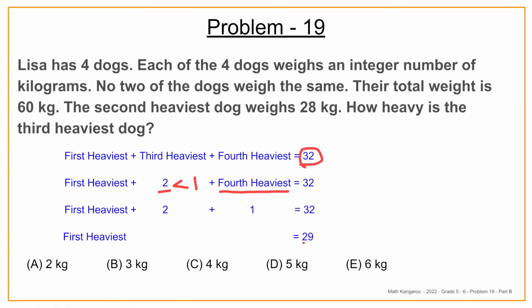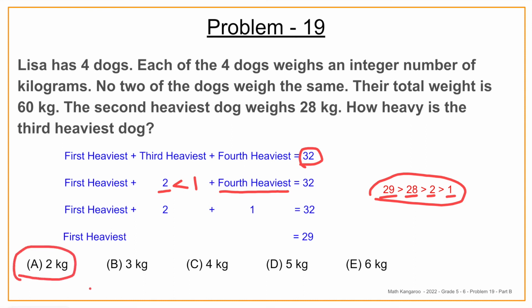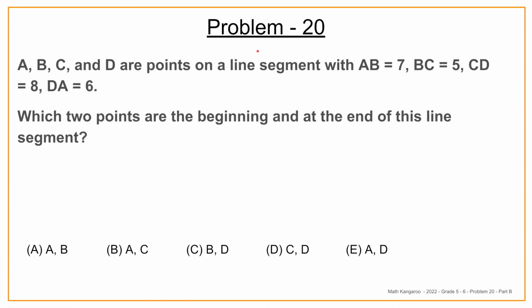So the first heaviest is 29, and then the second heaviest is 28. Third heaviest, if we say 2, then the smallest is 1. So this equation makes sense. So we could say option A is our answer. You could also try with B, C, D and E and see what answers you would get and if it makes any sense.